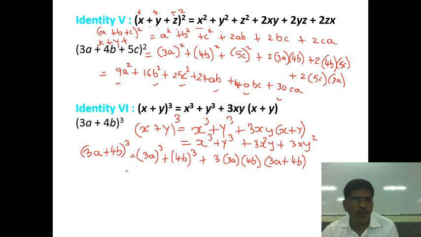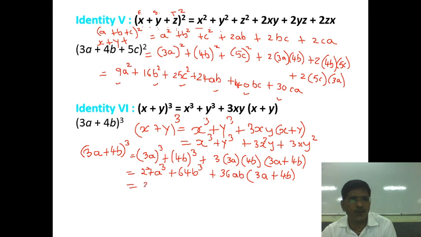Now 3 cube is 27a cube, 4 cube is 64b cube, 3 threes are 9, 9 fours are 36, 36ab, and in the bracket write (3a plus 4b). Now I have to open the bracket. So the first two terms there is no change, we put them as they are.